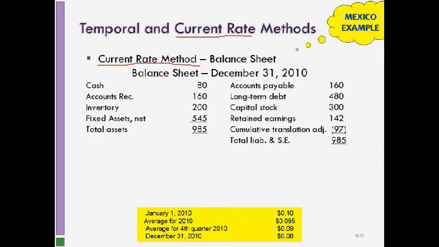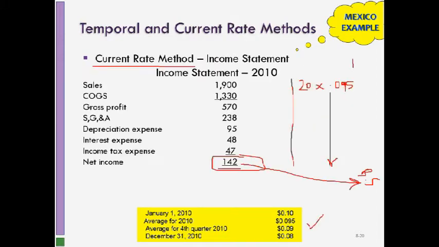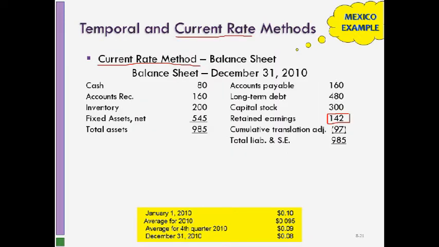Here's our balance sheet. Notice we have brought across retained earnings of 142. So let's go back again. This is step 1. We have created a new retained earnings, a new net income in the current rate. Now we bring that across and put it here in the balance sheet.